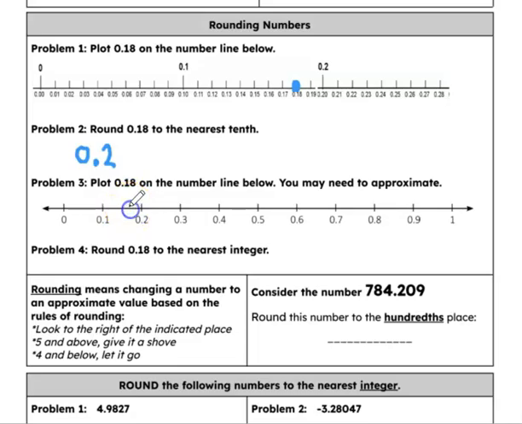So it probably would be close to right here. Not quite 0.2, but right before. And if we want to round 0.18 to the nearest integer, what we can do is determine, hey, is this closer to 0 or to 1? 18 cents, that's closer to 0. So the answer here is 0.